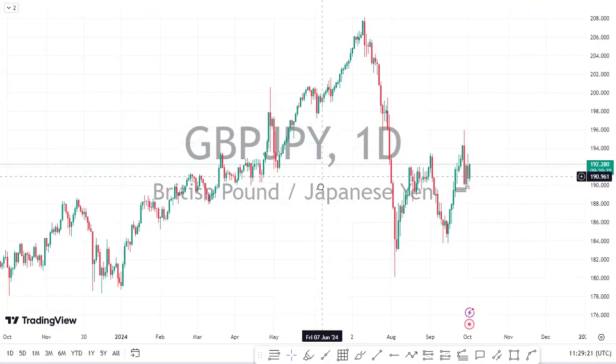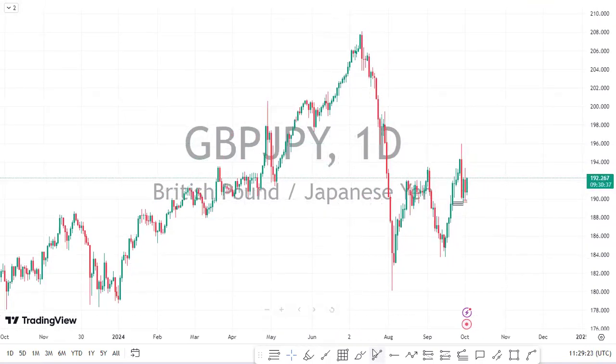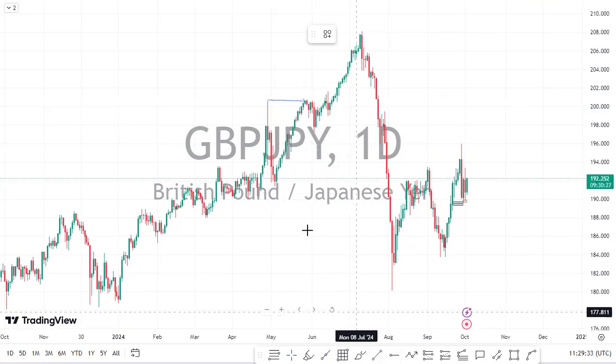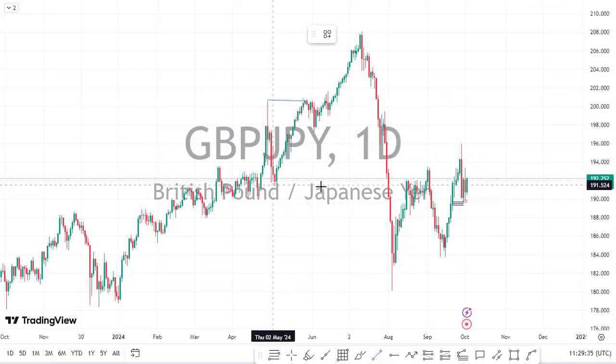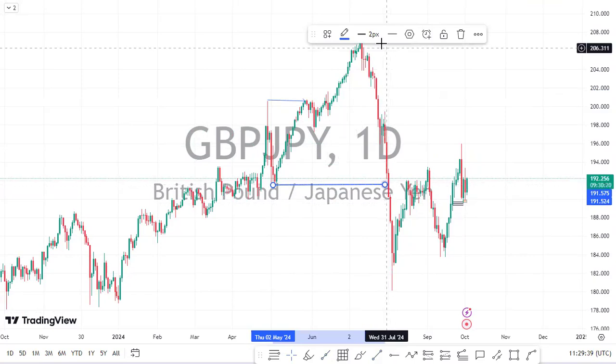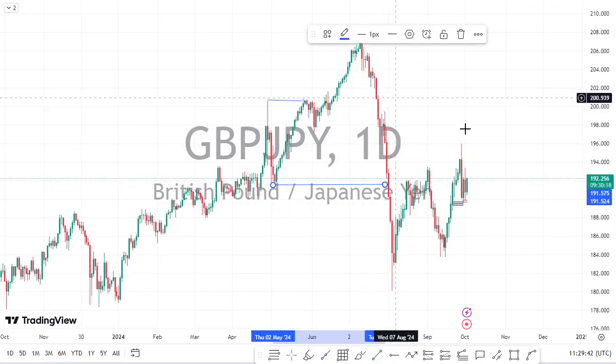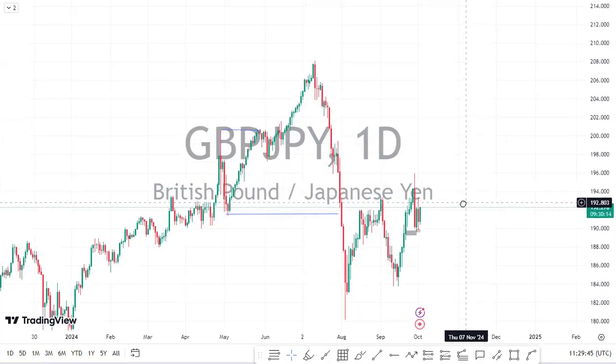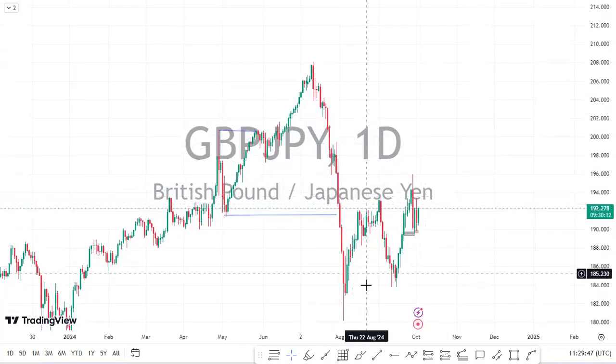This is the last break of structure that we clearly have, right? But what happened? Price changed character here. So we have a very clear change of character here, right?